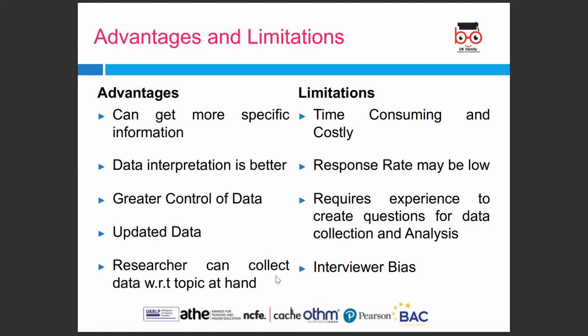It requires experience to create questions for data collection and analysis, and the interviewer can be biased. Sometimes just using one primary research method may not be enough. In such cases, more than one method is required, and it might increase both the time required to conduct research and the cost associated with it.